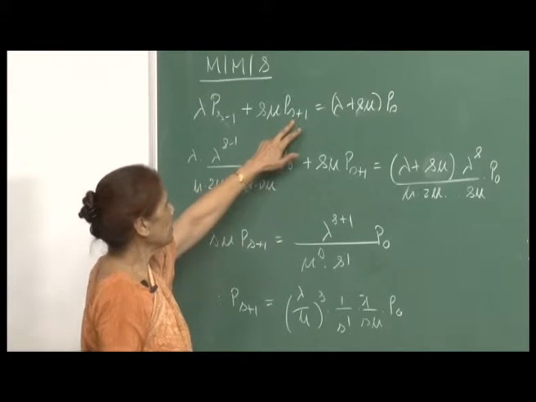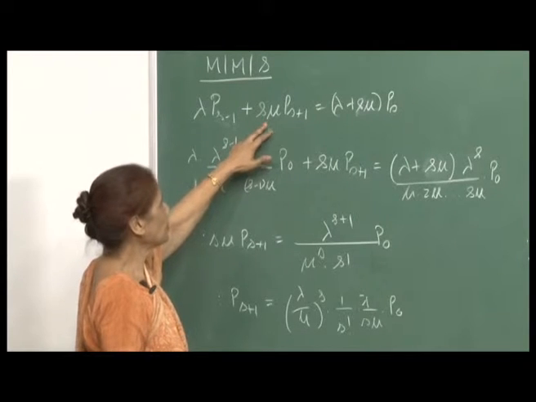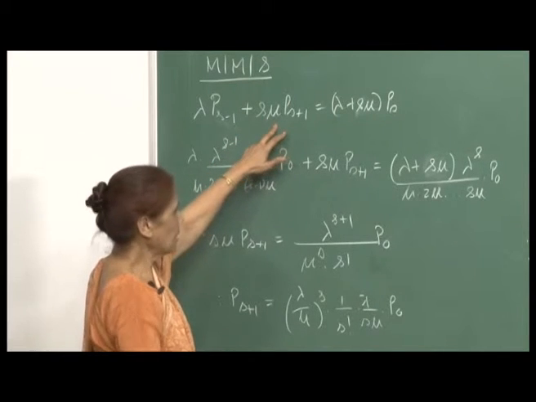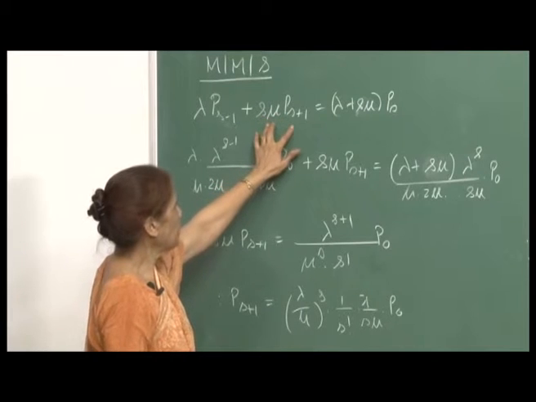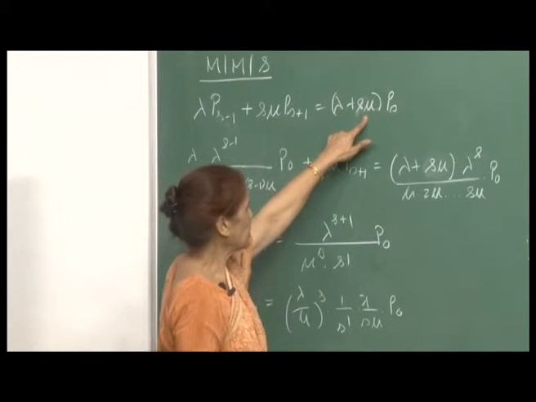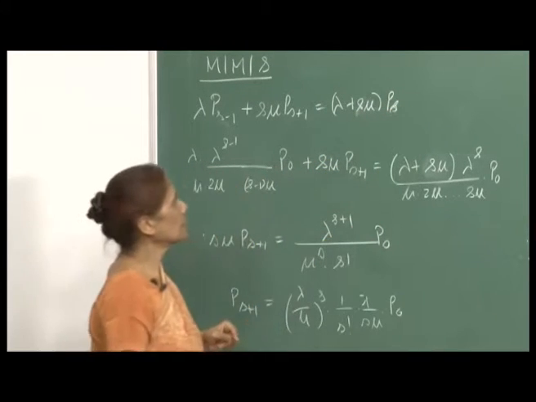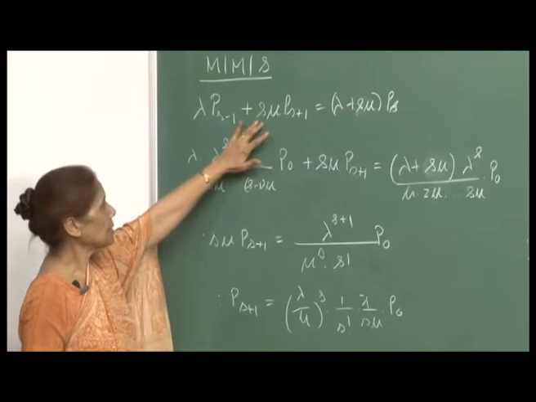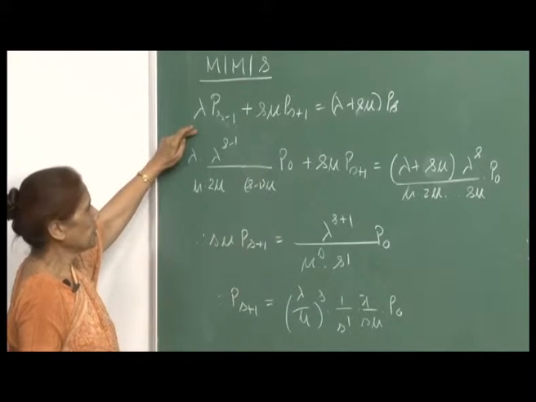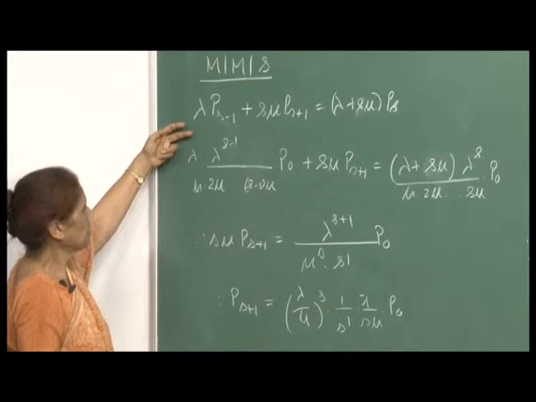When you have s+1 people, your service rate is s mu, so one person departs and you are back to Ps. Here it will be one arrival and one departure, so again you remain at Ps. Therefore, this is the balance equation at this stage.